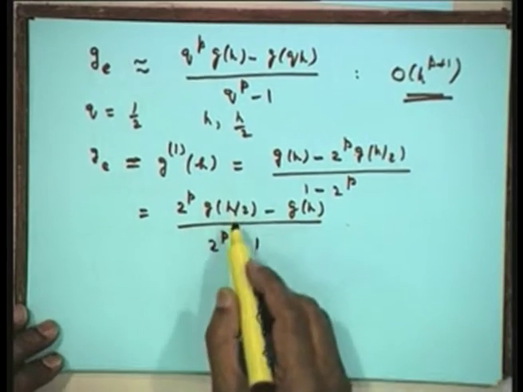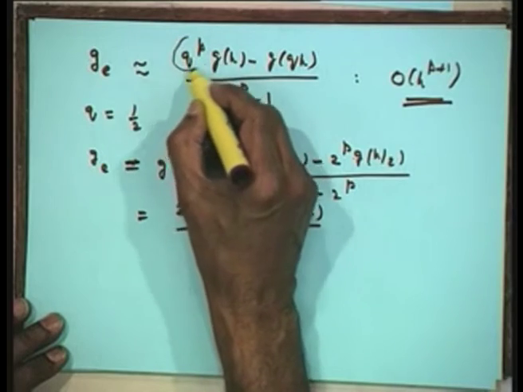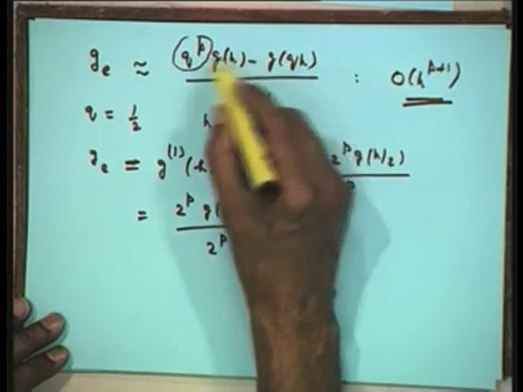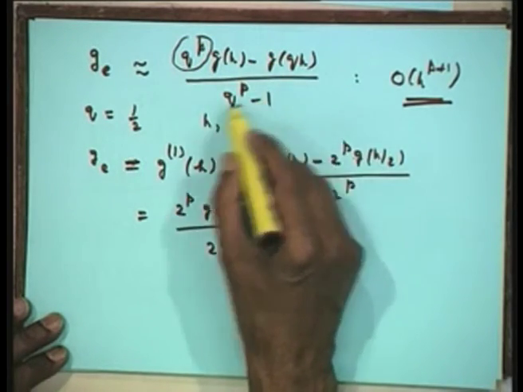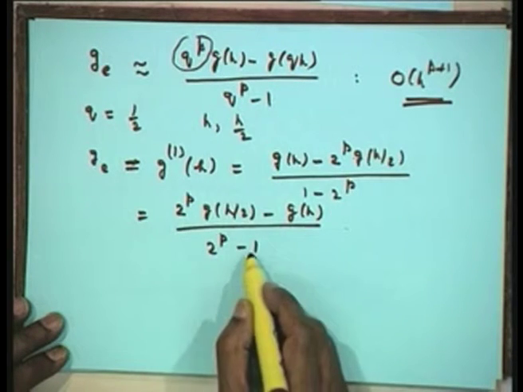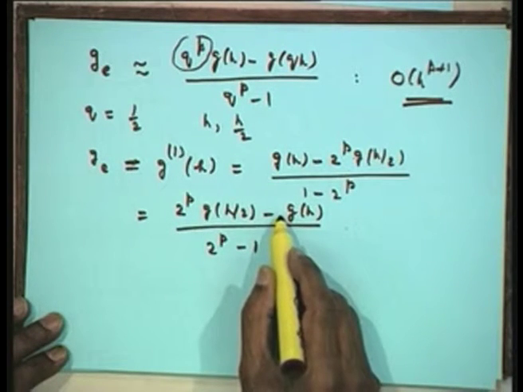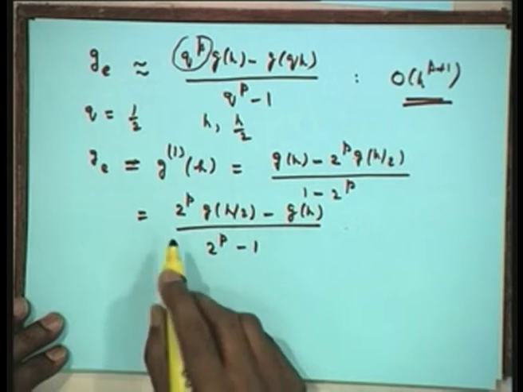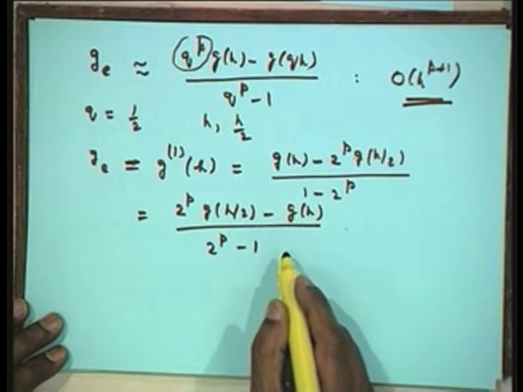Now, if you look at the coefficients in the numerator, 2 to the power of p and minus 1, the denominator is 2 to the power of p minus 1. The denominator is just the sum of the coefficients in the numerator in this formula. This is called the Richardson extrapolation formula.